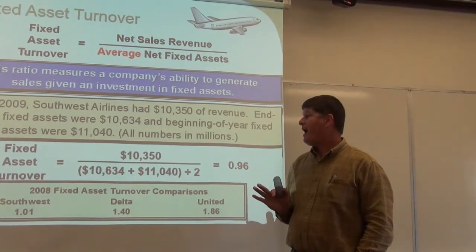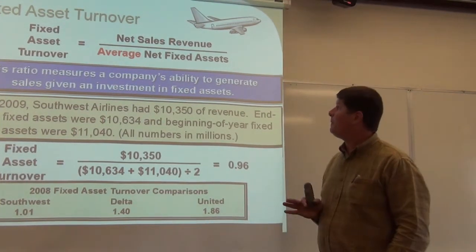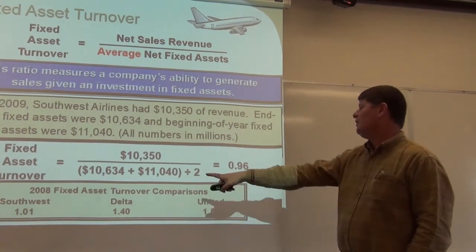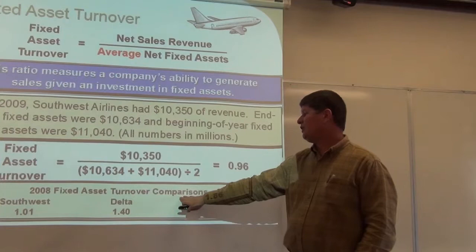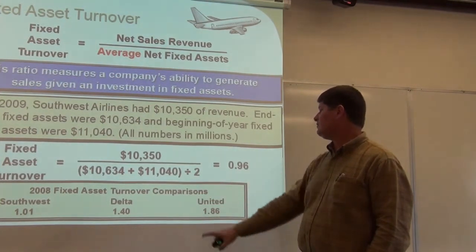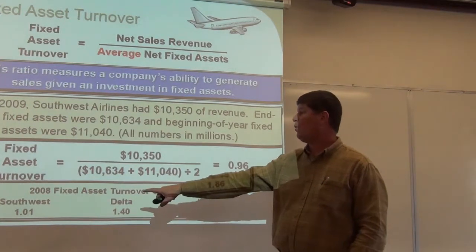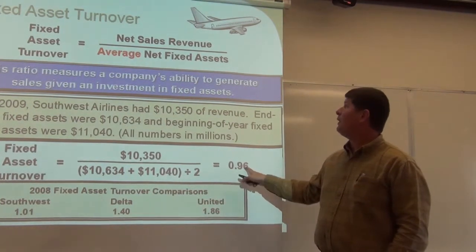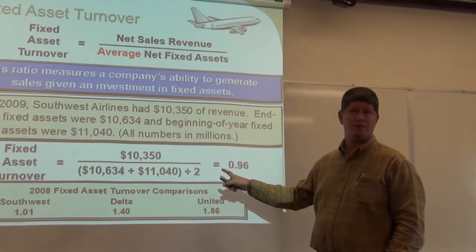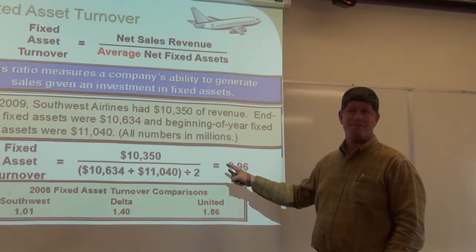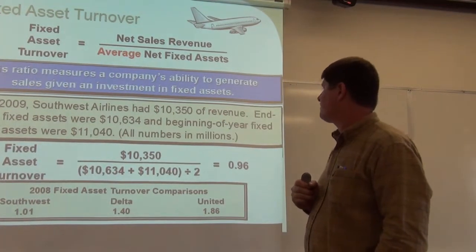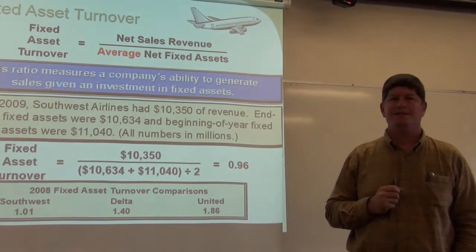Now, how do we analyze the ratio? Notice in this particular year, it's older data, it's 2008. Southwest in 2008 had a number that was 1.01. Are we doing better or worse in the current year? Worse? Why? Exactly.